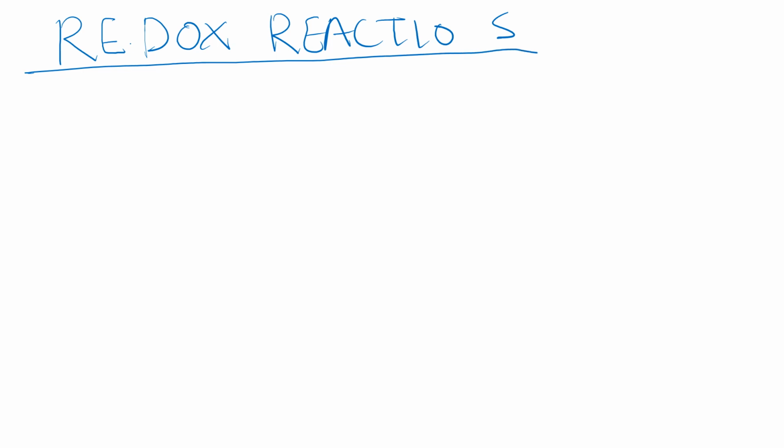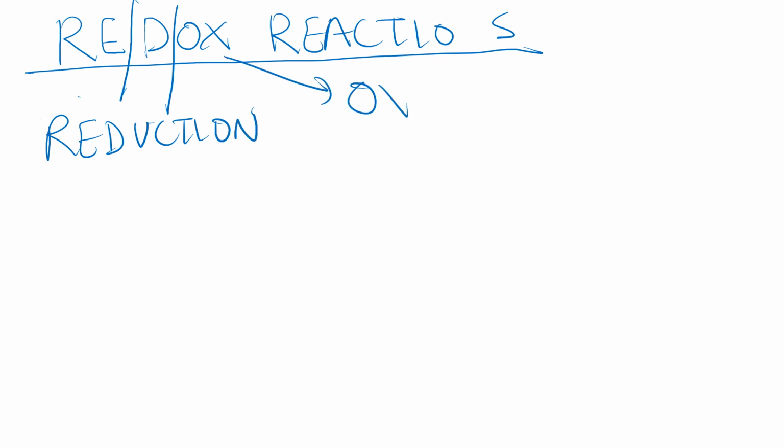Hello everyone. Today we are going to learn about redox reactions. The name is made up of two words: reduction and oxidation. There are some chemical reactions in which reduction and oxidation take place simultaneously.